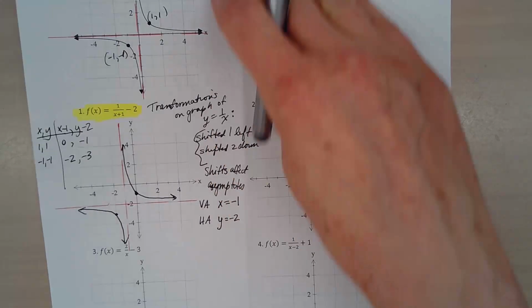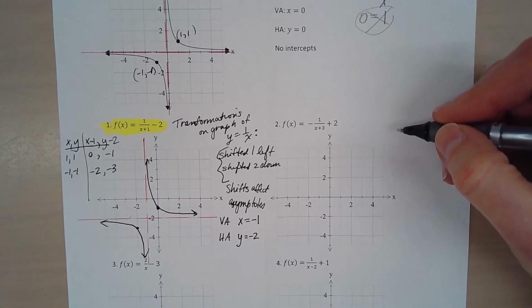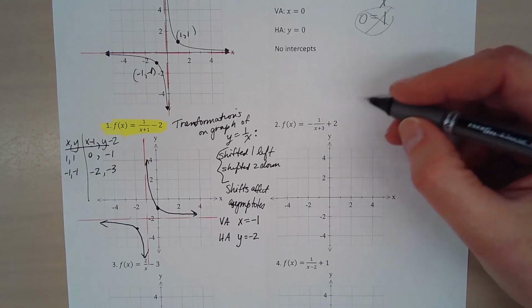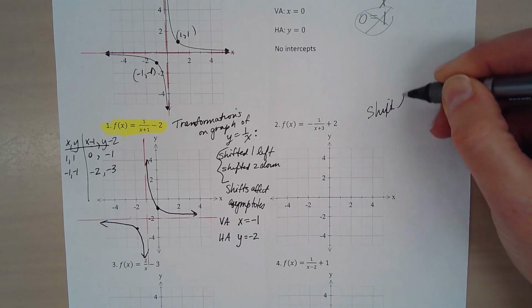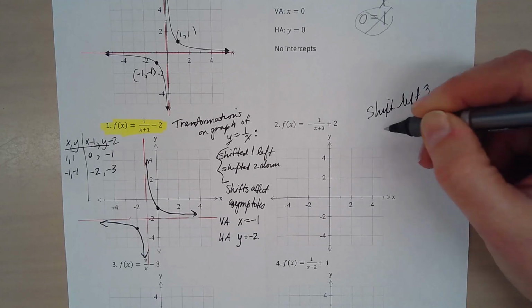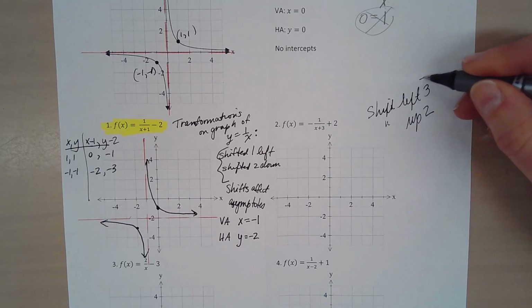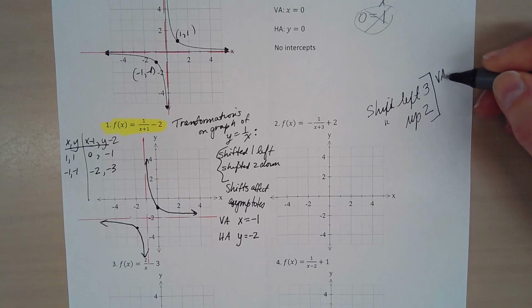So here, let's look here. Could we do this transformationally? Let's see what happens here. What do your eyes see here? Shift left 3. Shift up 2. So this affects my asymptotes. That means vertical asymptote x equals negative 3.